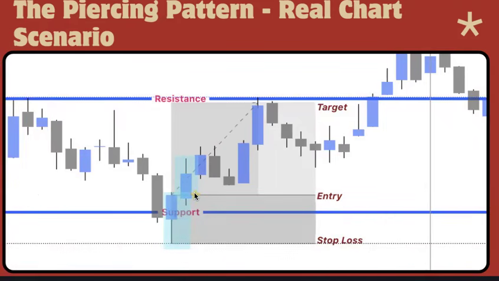So enter over here at the close of the next candle. Stop loss is at the low of that piercing candle, and target is your resistance zone.